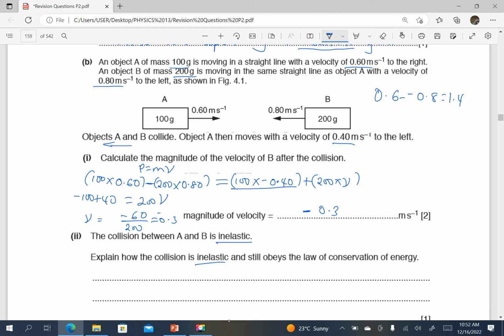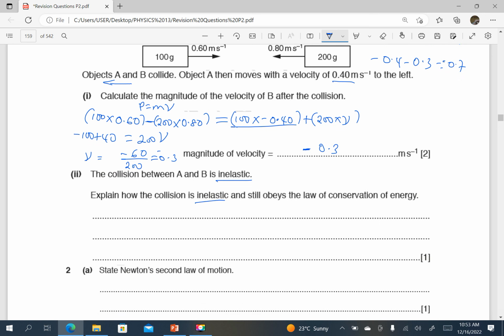So they are on the same side, and I just want the difference between them. So I'll say negative 0.4 minus 0.3, which is going to be equal to 0.7 on the same side.